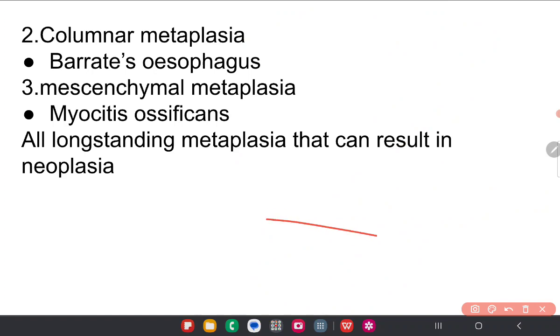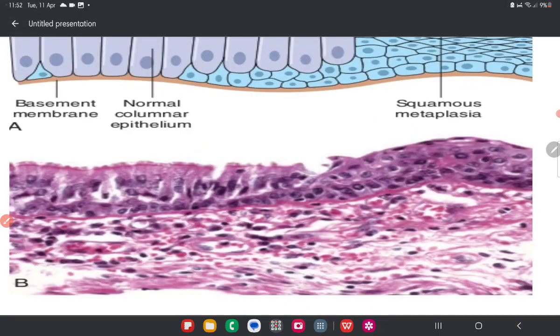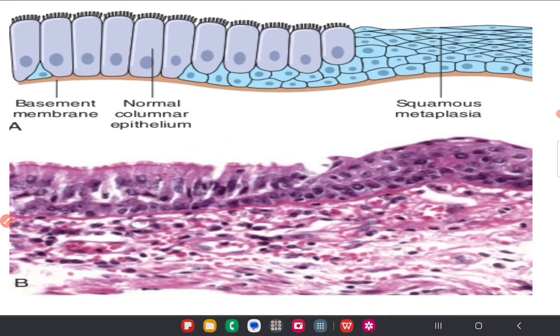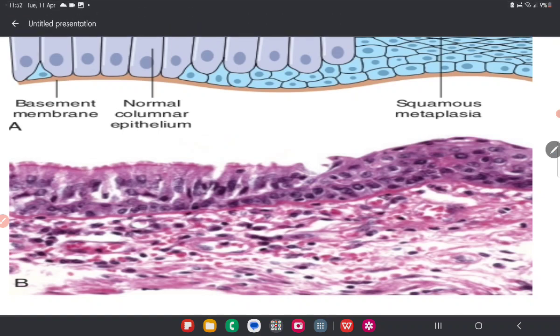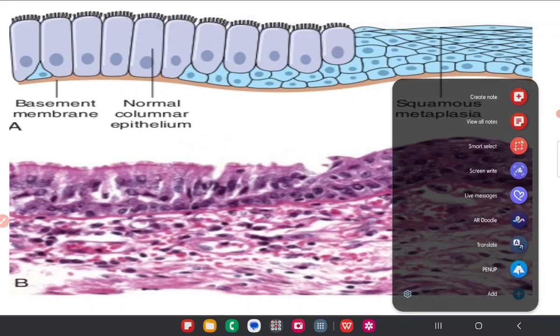Here I'll show a diagram: the basement membrane, normal epithelial cells, squamous cells. There is a general disarrangement whenever a change takes place. This is an example of Barrett's esophagus when this is normal, but take a differentiation. Sorry, guys.